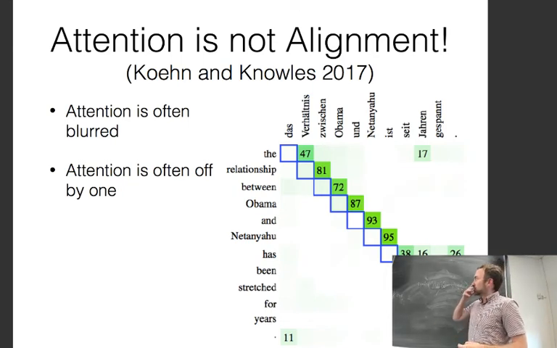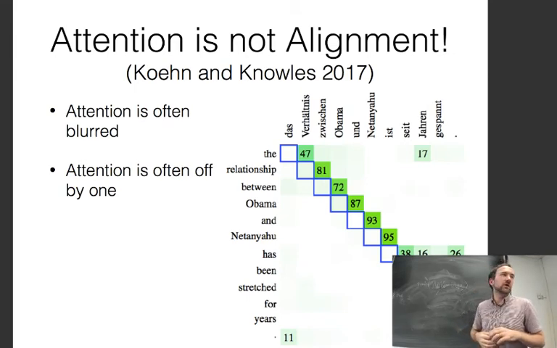One example of this is attention is often kind of blurred all over the place. You might see that it's attending to basically nothing. This is especially true when it's generating a word that doesn't correspond to anything directly in the input. So if you're generating a function word in translation, often there will be no function word in the input that matches this.